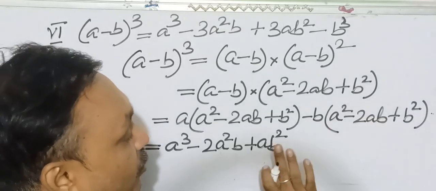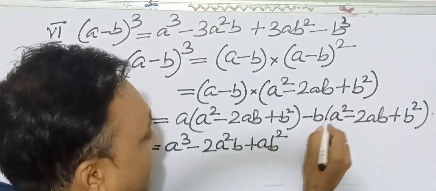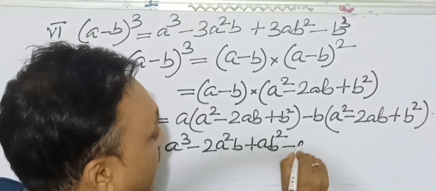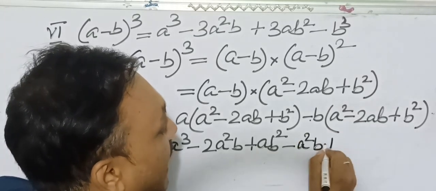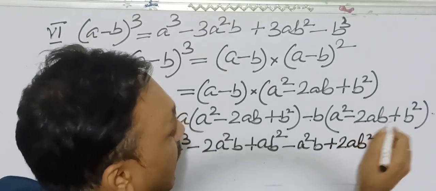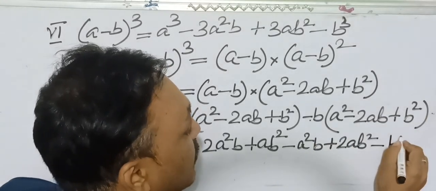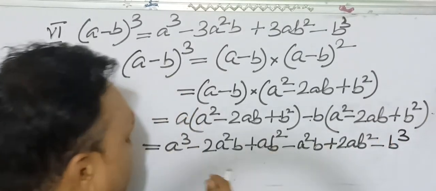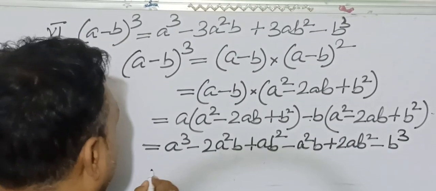So all the signs will be changed because you are multiplying with the sign also, right? Plus minus minus is −a²b, minus minus plus is +2ab², plus minus minus b times b² is −b³. Now there are some similar terms, we can simplify.